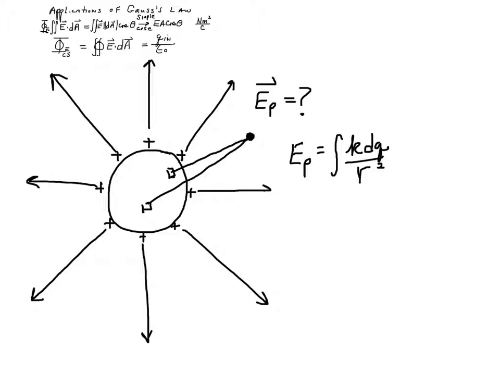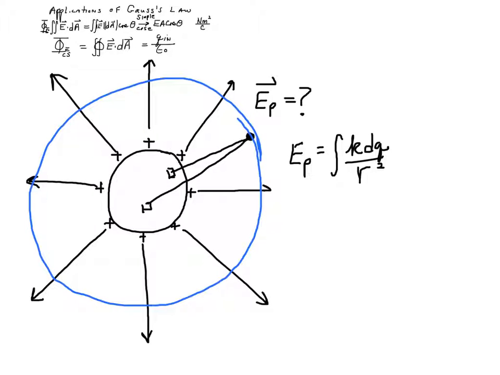So let me take my pen and do it in a different color so we can see. I'm going to draw a sphere which has a radius equal to the distance from the center to the field point. So that r is the radius of the imaginary Gaussian sphere.